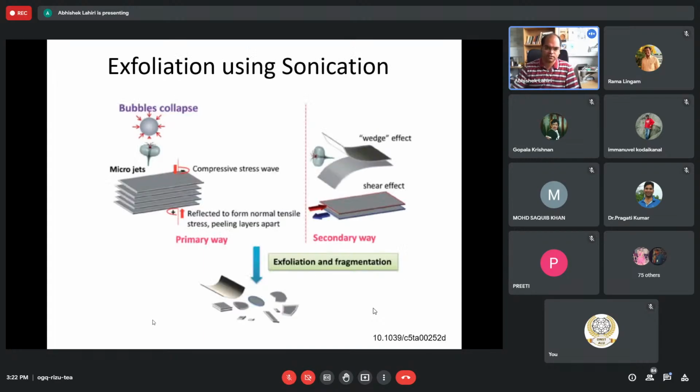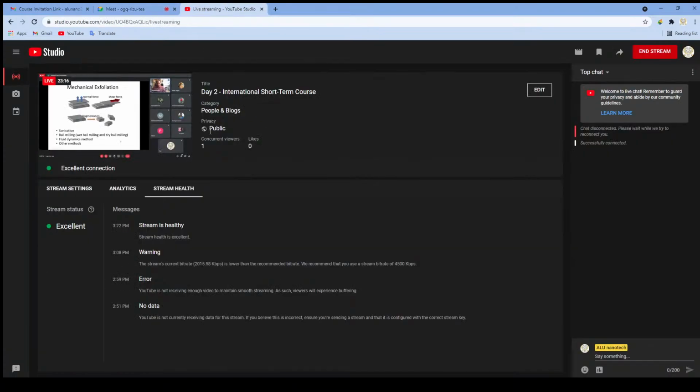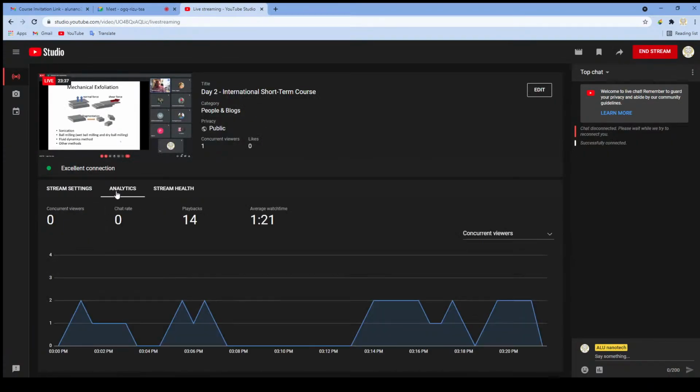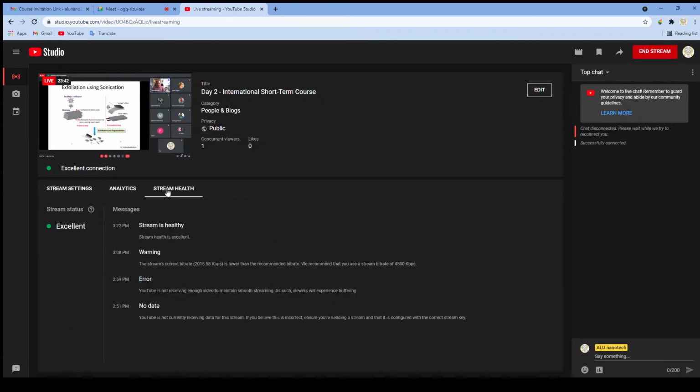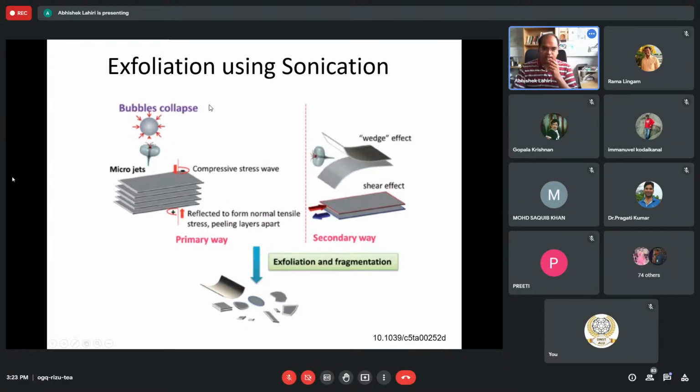Let's start with exfoliation with sonication. During sonication, you're sending out waves at different frequencies and basically producing bubbles in the solvent medium. When these bubbles burst, they produce microjets.